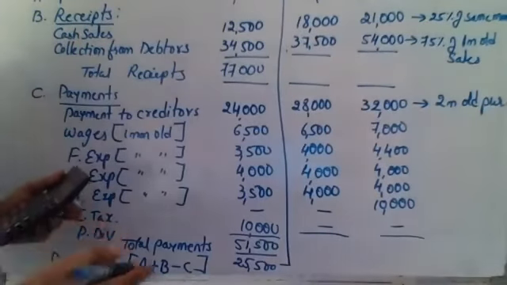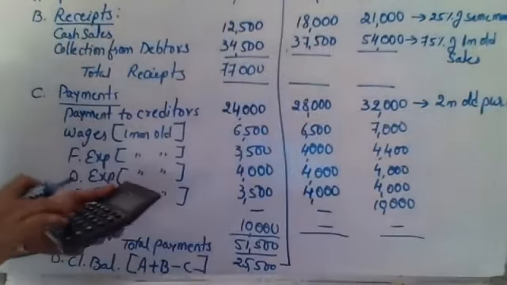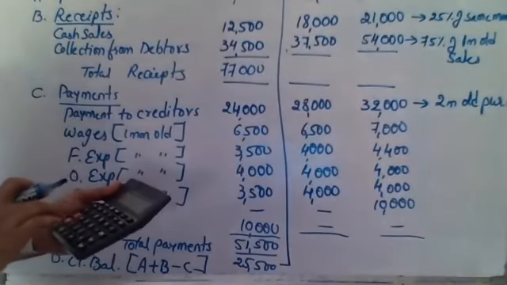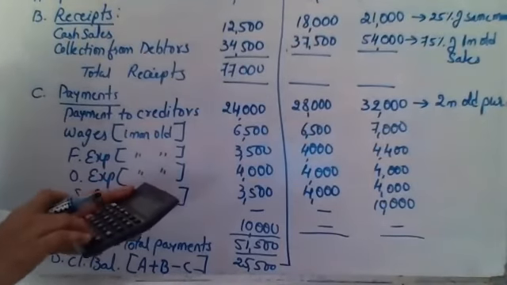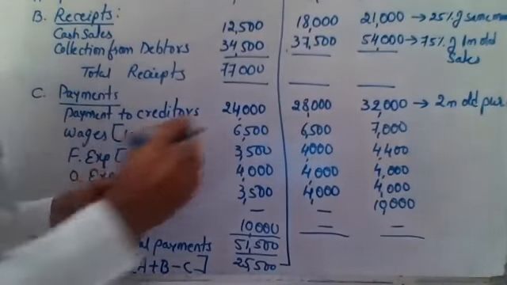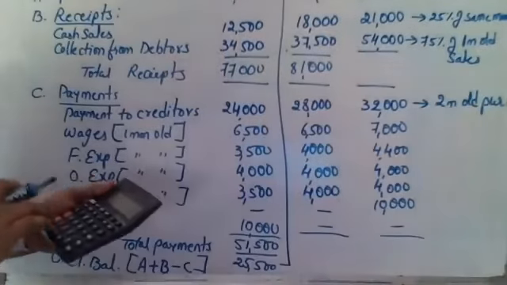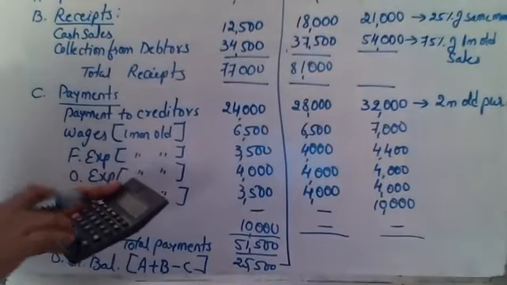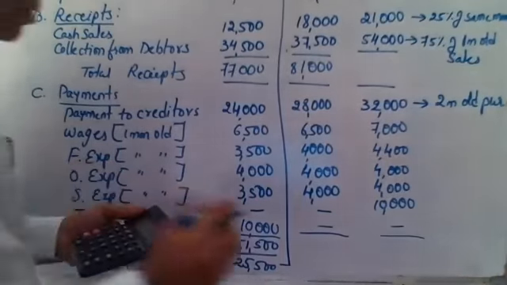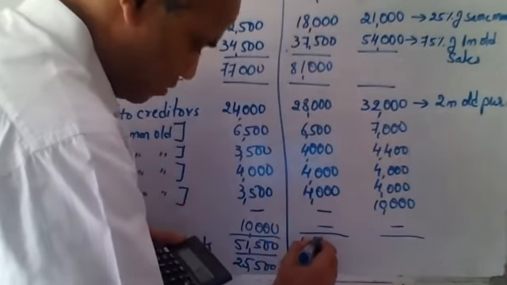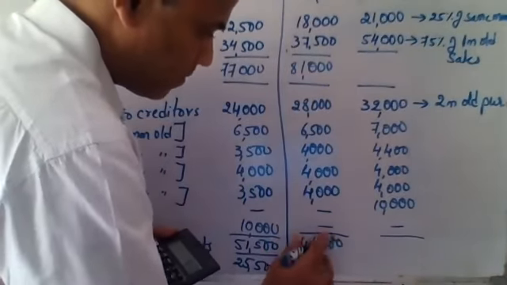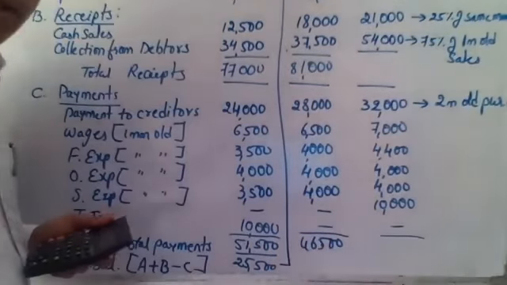Then you can continue. This plus receipts, that is 25,500 plus 18,000 plus 37,500, gives me 81,000 as the total. And this total is 28,000 plus 6,500 plus 4,000 plus 4,000 plus 4,000, which gives me 46,500.